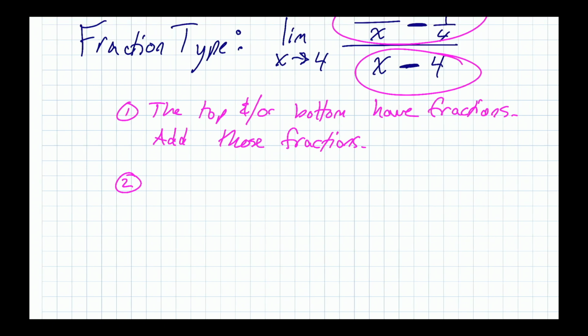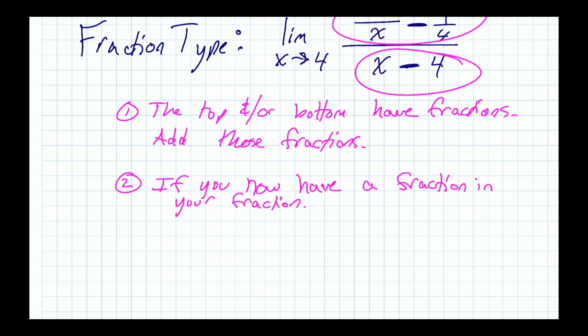After you do that, if you now have a fraction over a fraction, that's called an improper fraction. I'll say a fraction in your fraction. Rewrite it as a proper fraction, or I'm just going to say a regular fraction, as a single fraction.